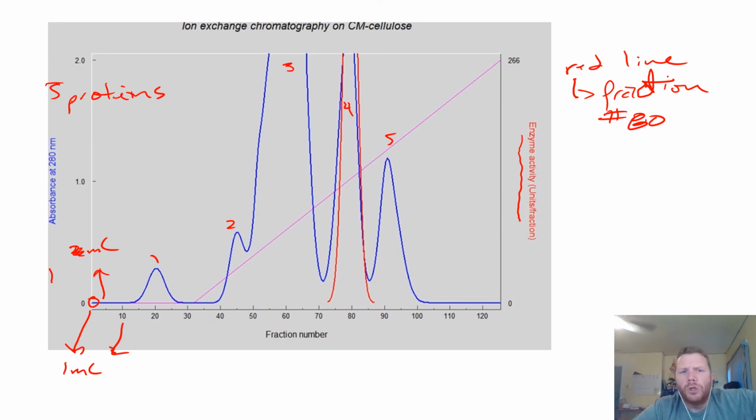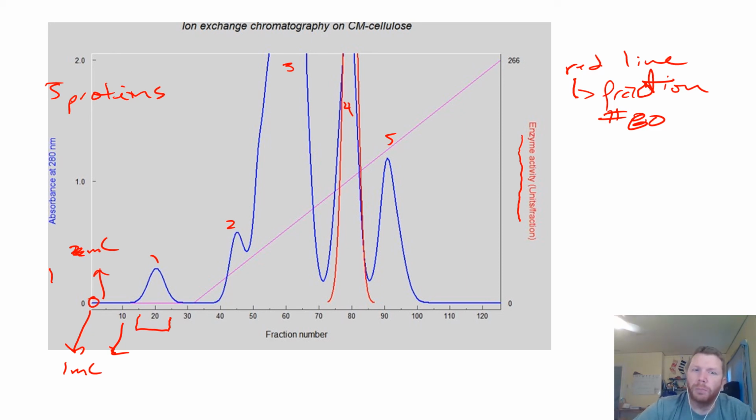Would you be able to say that protein number 1 is limited to maybe 4 or 5 different fractions? Well, maybe 4 or 5 is a little bit too narrow, but yeah, protein number 1 is only going to be found in fractions number 15 to number 20.